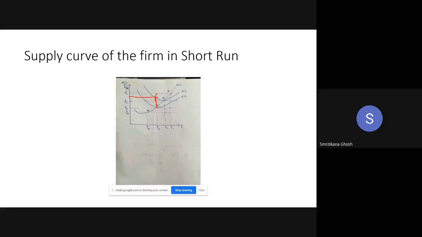Your average cost is like this, and your average revenue is here. So you can understand the gap between average revenue and average cost. But the thing is, if you multiply P4 with Q4, you will get the total revenue.